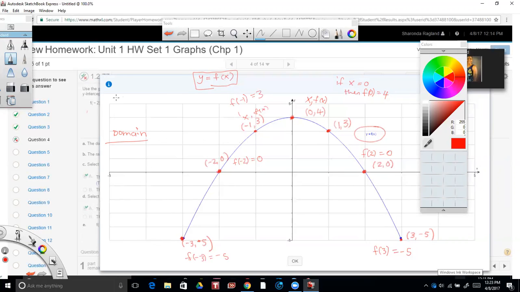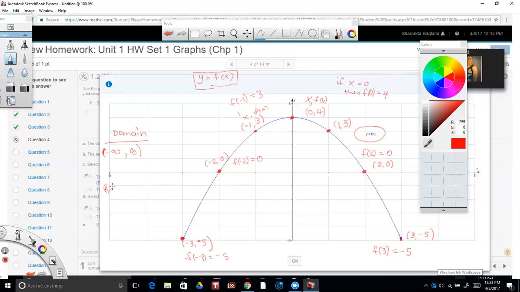So the minimum x value that x can be is negative infinity. And then the maximum x value is going to go all the way to positive infinity. So the domain would be all real numbers. There are no restrictions. The smallest x value is negative infinity. The largest x value is infinity.